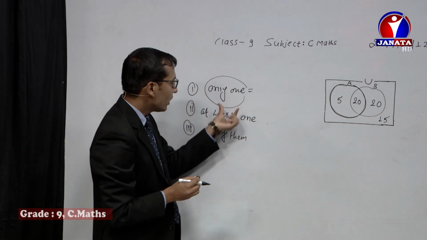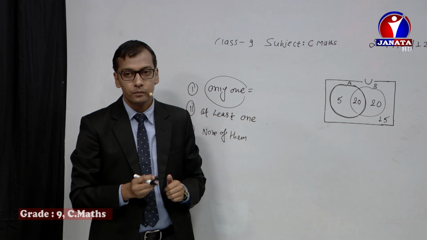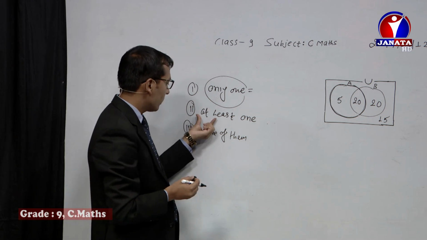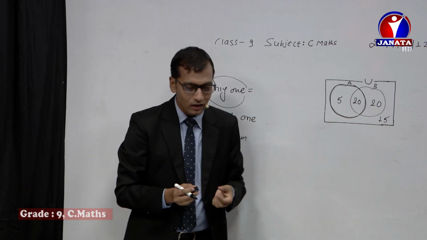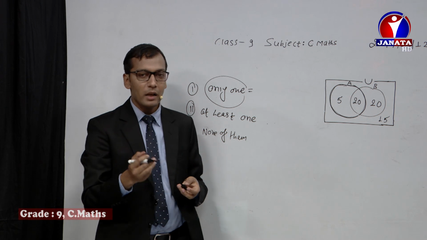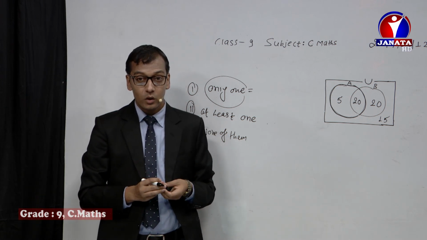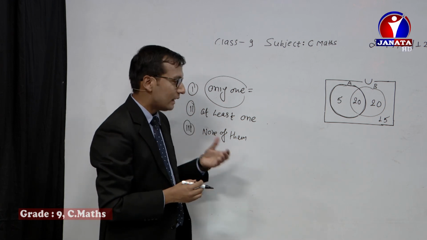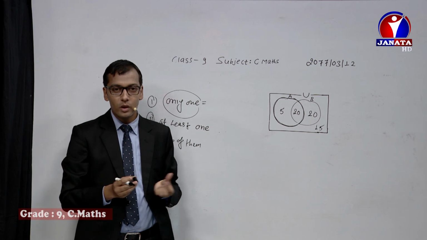So only one is 5 plus 20, it's 25. Similarly, if A and B denote the sets of students who like two subjects, then how many students like only one subject?